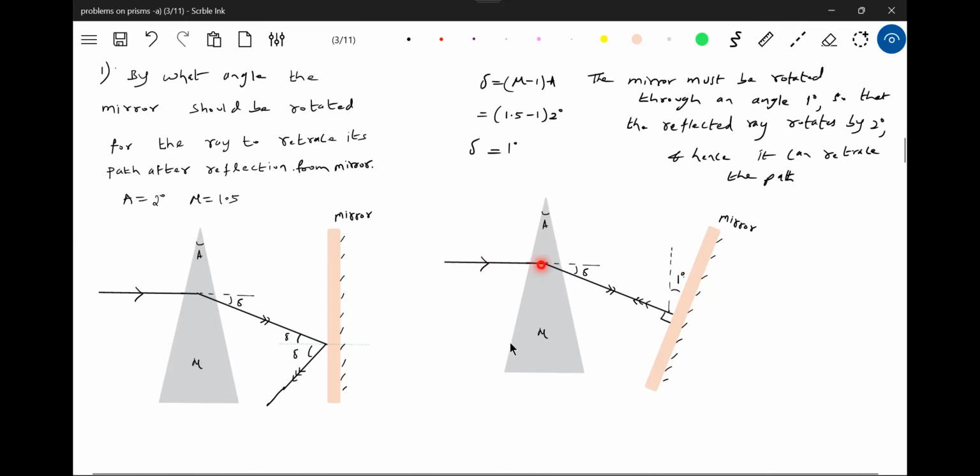The ray now will be incident normally, it will retrace the path here.